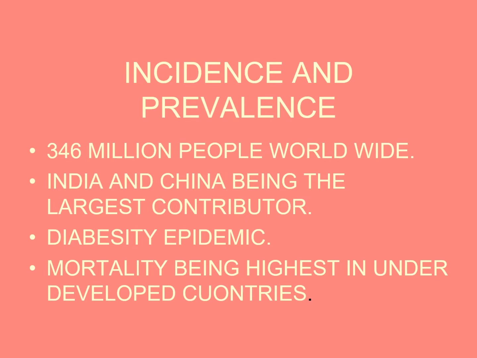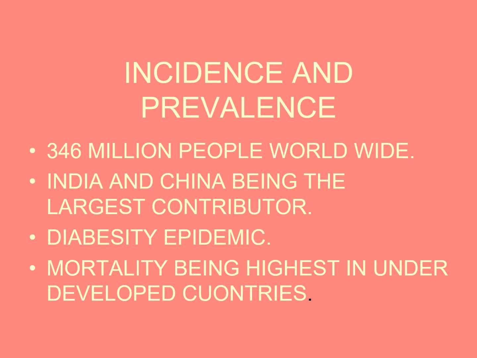Incidence and prevalence: this has a very high incidence and prevalence nowadays. In the past it used to be more in the affluent societies, but progressively it is rising in our areas, especially Pakistan, India, and Southeast Asia. That is about 346 million people worldwide, India and China being the largest contributors. In fact, diabetes is an epidemic.